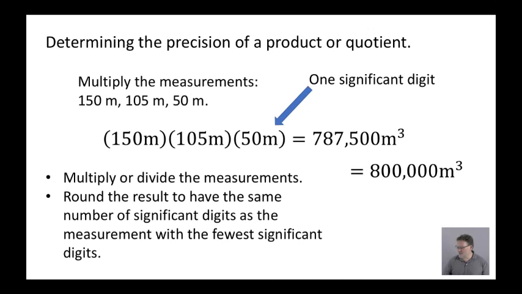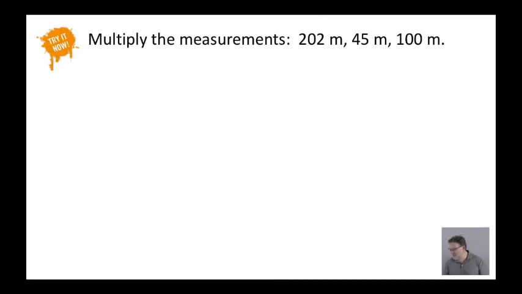So take some time to do this one here as well. Here you are multiplying three measurements, 202 meters, 45 meters, and 100 meters. This will exercise your ability to not only do the multiplication and some rounding, but also to discern how many significant figures are in each one of those measurements. Take some time to do that.